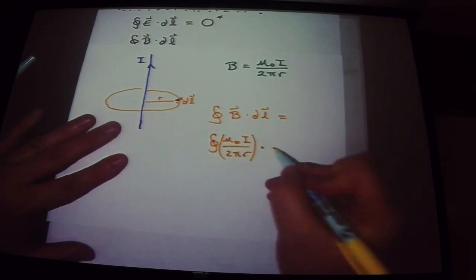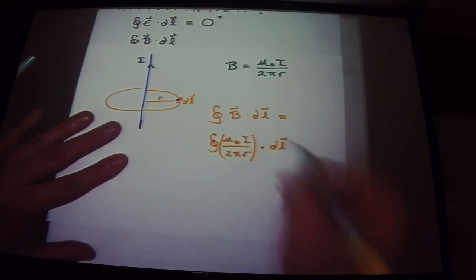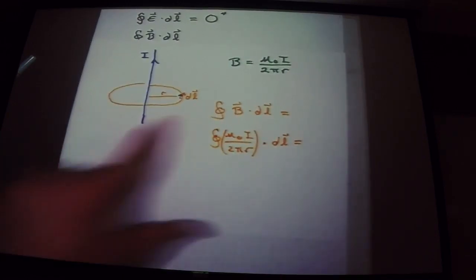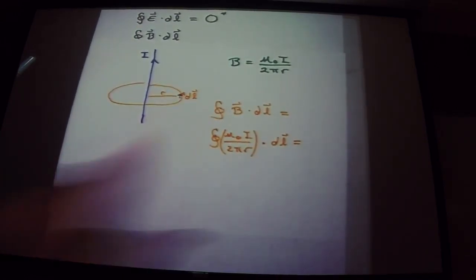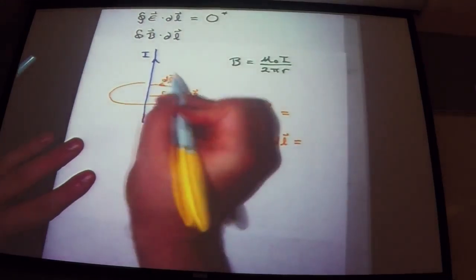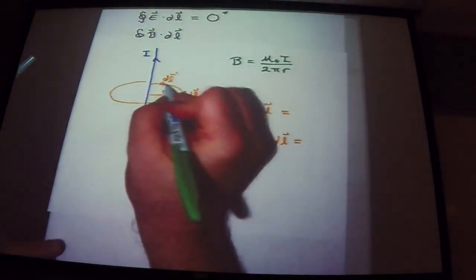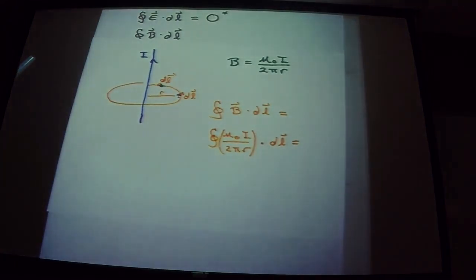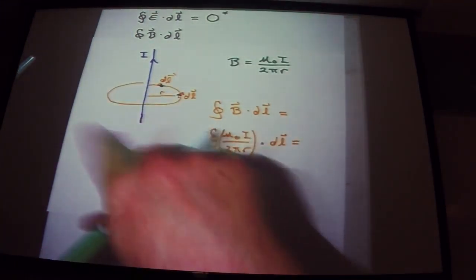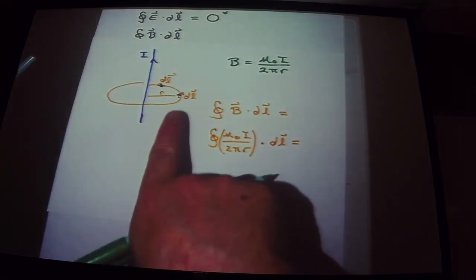So the vector B dotted with dl. At all points along this circle, dl goes around the circle, and B goes around the circle too. So my B and my dl are always in the same direction at any point along my circle.